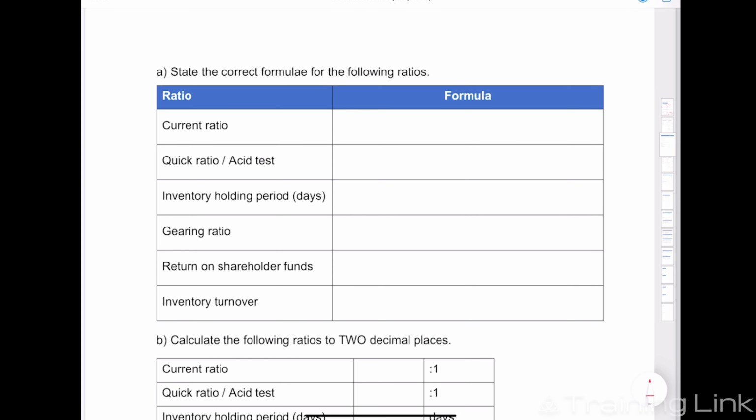For the current ratio, it's simply your current assets divided by current liabilities. The quick ratio is very similar. It's testing a very similar thing, but we need to remove inventory from current assets.